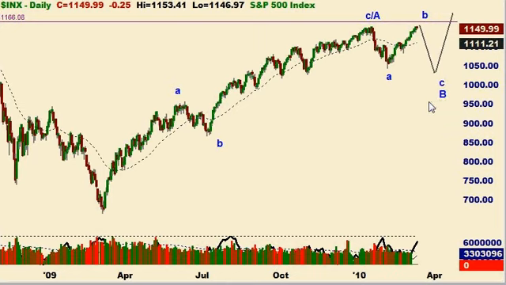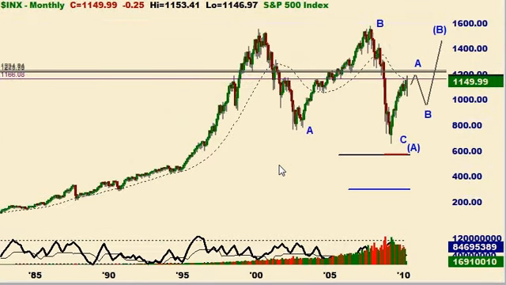It's too early to label the internals of what's to come, but the bottom line is, again, that since we've made a new high, by definition this has got to be a corrective decline at A of B. At any rate, we'll see how it goes, but for right now, we're looking for a peak and then a drop down. Okay, and also how that fits into the bigger picture.